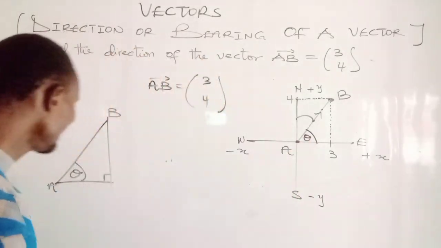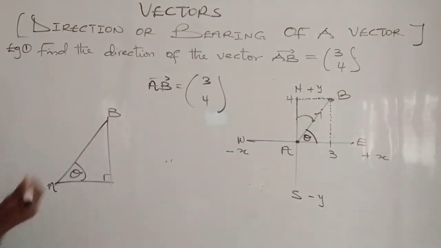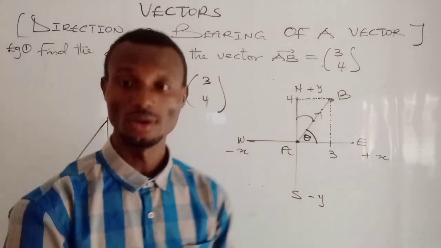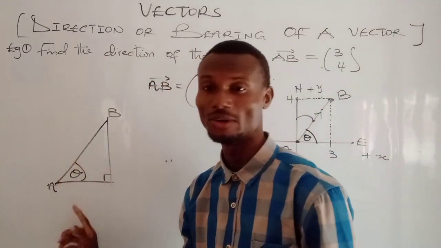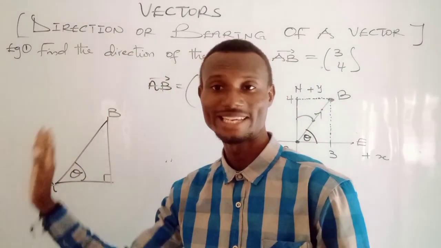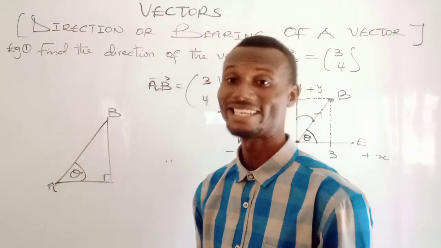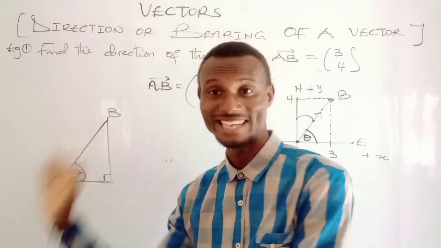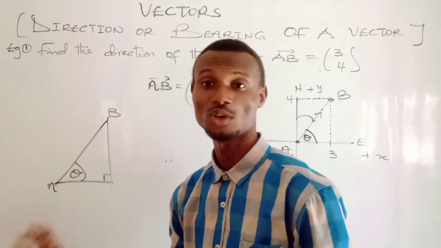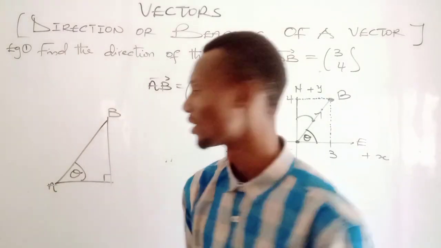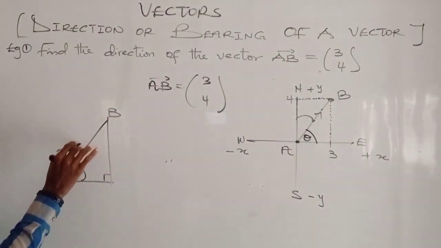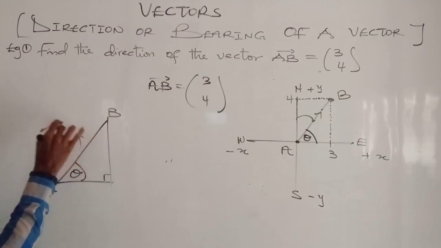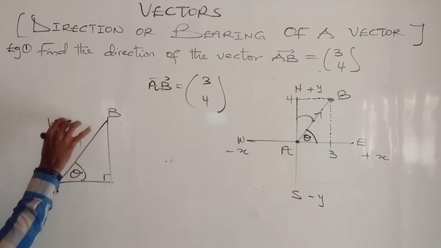Now, this slanted part, which is always the longest part, is called the hypotenuse. Anytime you have a right angle triangle, the longest part of it, or the slanted part, is what we call the hypotenuse. So this is the hypotenuse. Let me indicate it. So we have this as the hypotenuse.